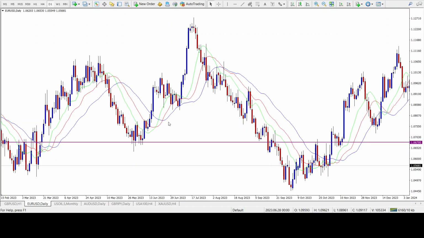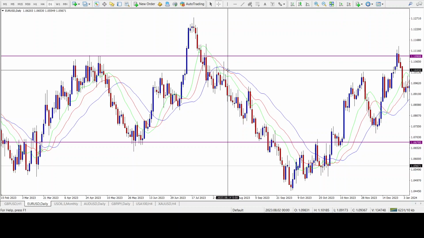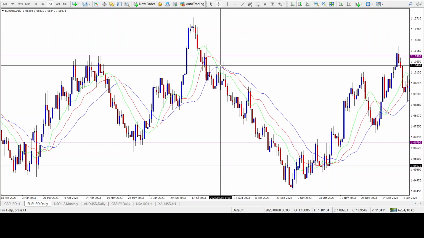So once that buy move has been confirmed, you can then enter a buy trade. We can see that the confirmation happened somewhere around here, so we would have entered a buy somewhere around here, and then you set your stop loss just below the indicator, and you target the nearest resistance zone for your take profit, or you can just wait for the bearish crossover to happen in order for you to exit your buy trade.